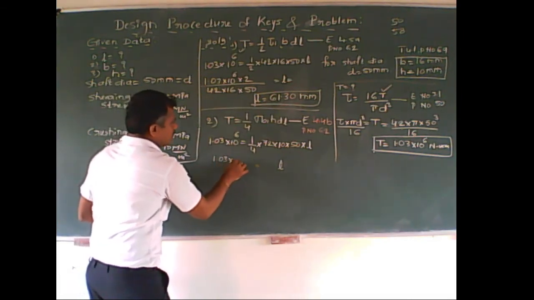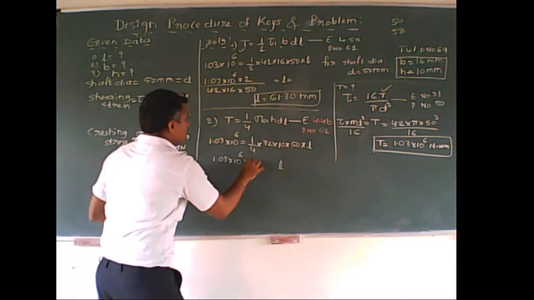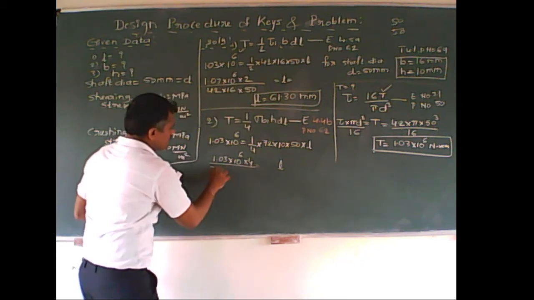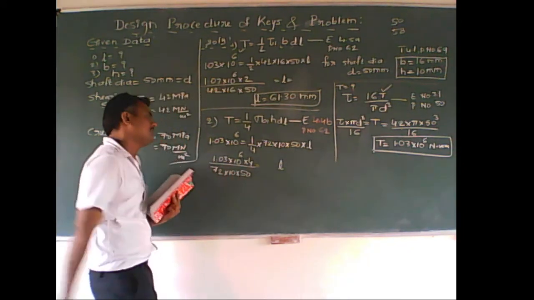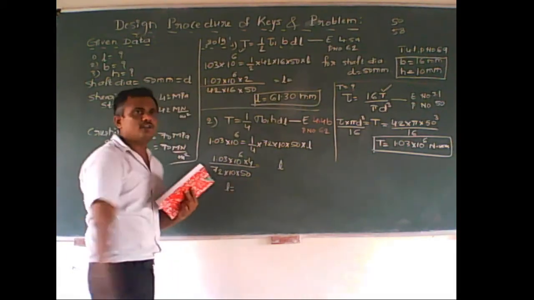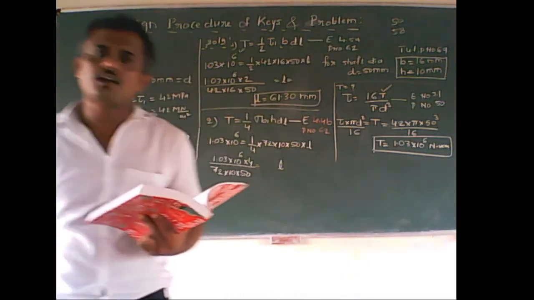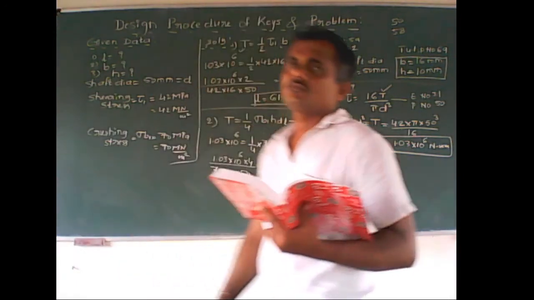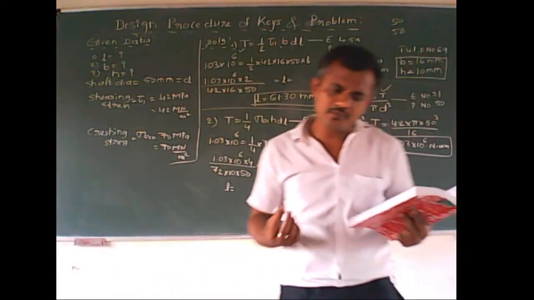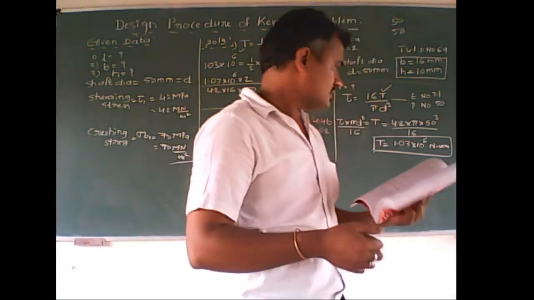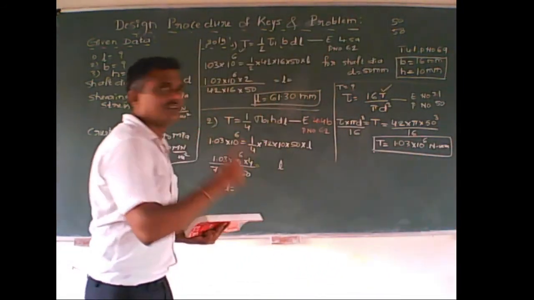1.03 into 10 raised to 6 multiplied by 4 upon 72 into 10 into 50, and get me the value of L here. Quickly. Check. 117. Why?